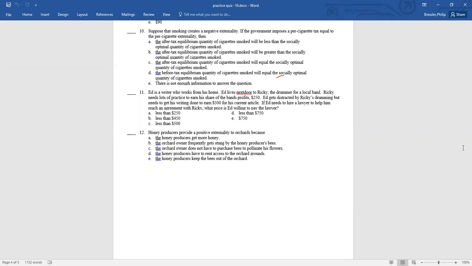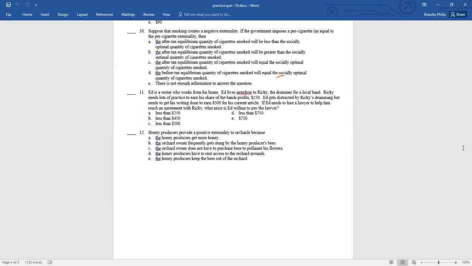All right, number 11 is about Ed, and again, this might be a tricky one. Ed is a writer. Ed lives nearby to Ricky, the drummer for the local band. Ricky needs a lot of practice, and earns a share of the band. So Ricky makes $250. Ed gets distracted by Ricky's drumming, but needs to get his writing done to earn $500.